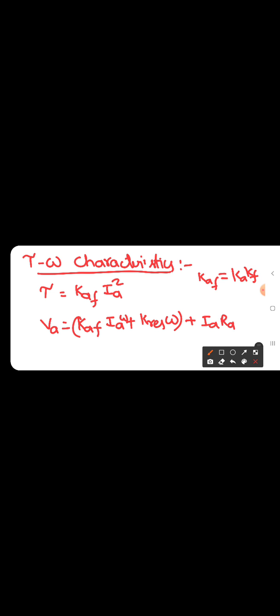So you can write this equation as Ia is equal to Va minus Kres into omega divided by KAF into omega plus Ra. Here you need to substitute the value for Va.